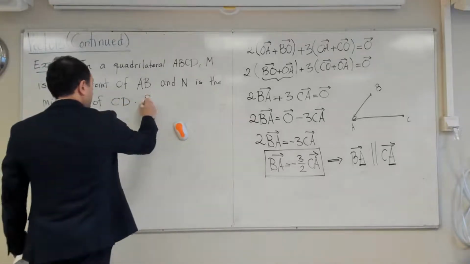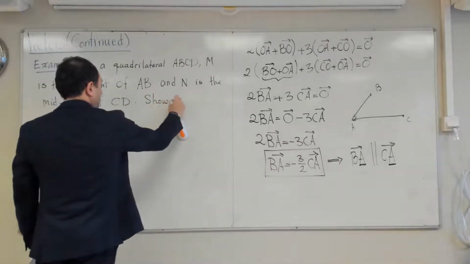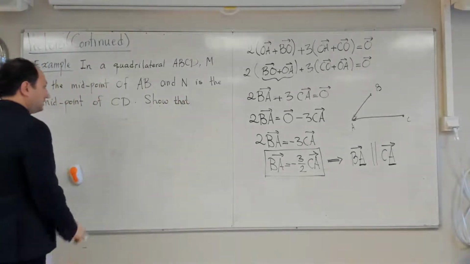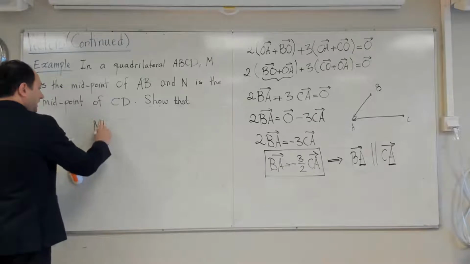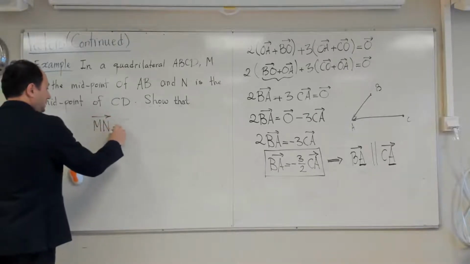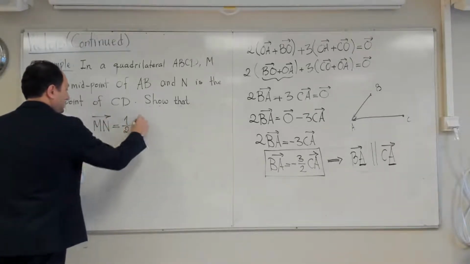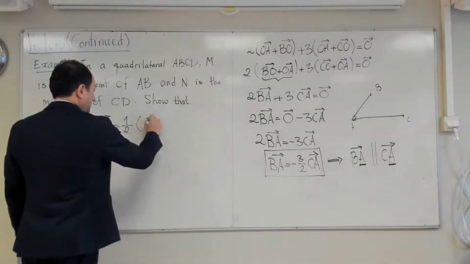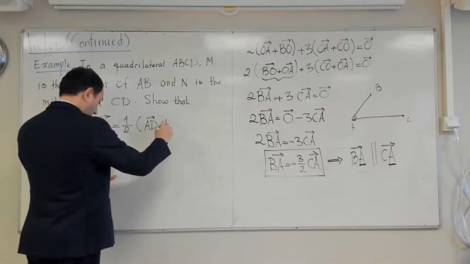Show that the vector MN is equal to 1/2 times vector AD plus vector BC.